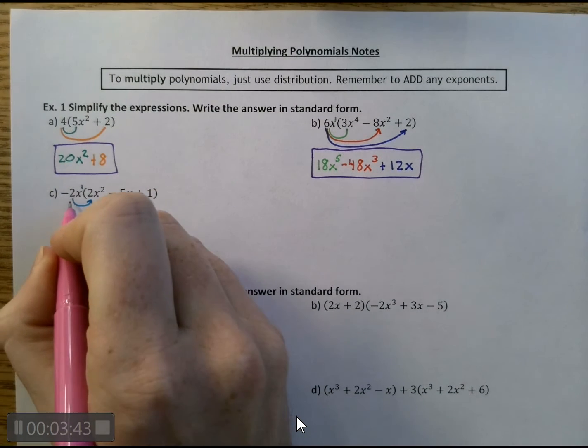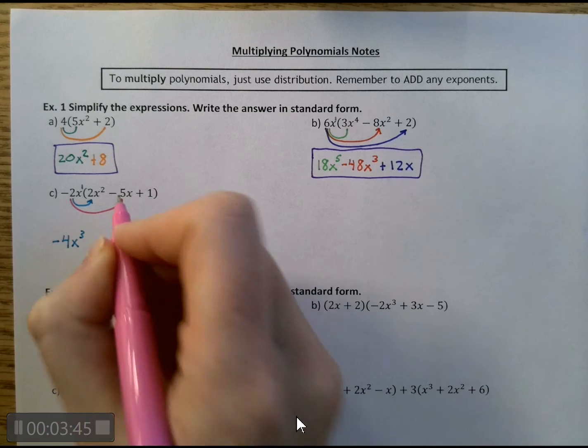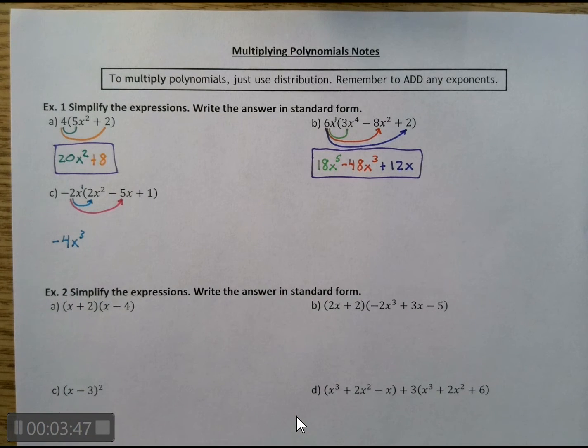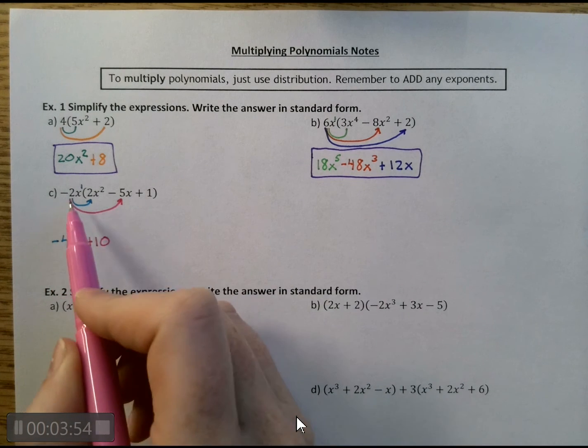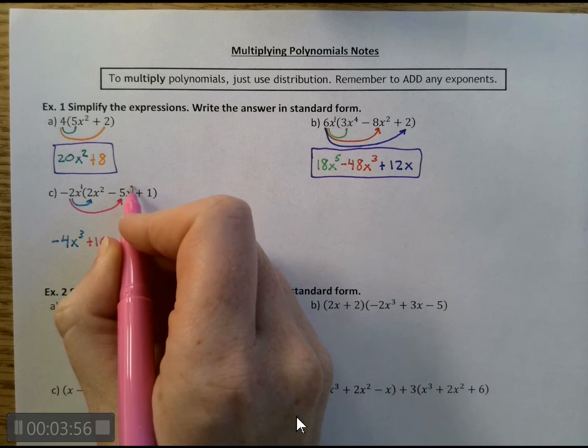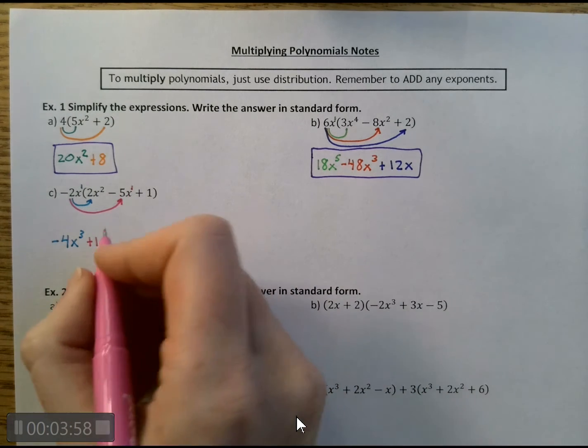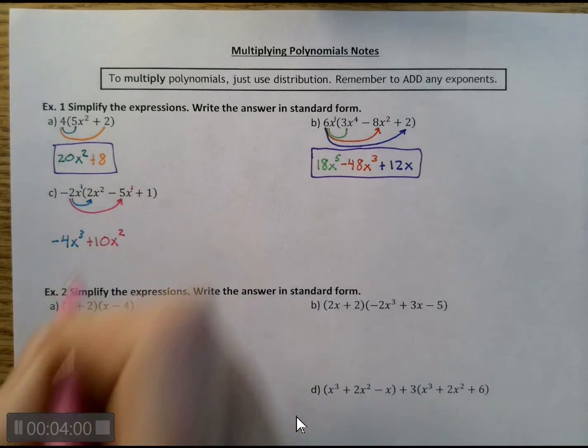And then negative 2x times negative 5x. Negative 2 times negative 5. Positive 10. And then 1x, and hey look, 1x will give us x squared.